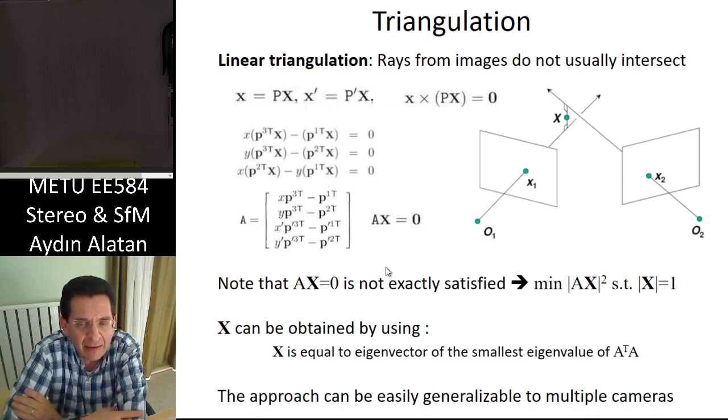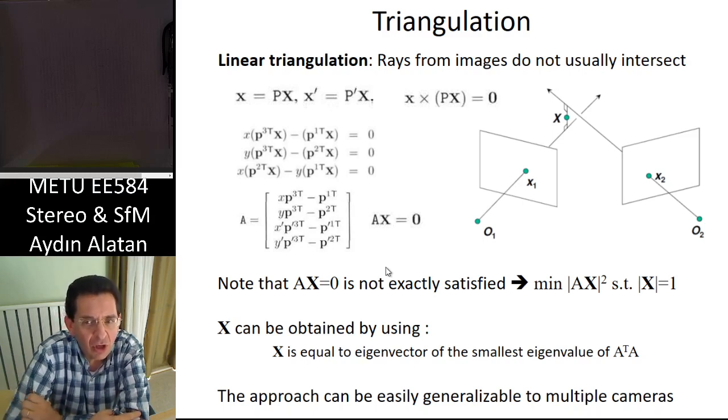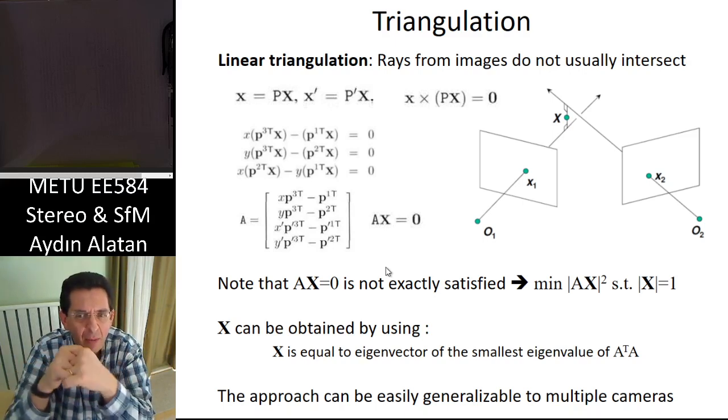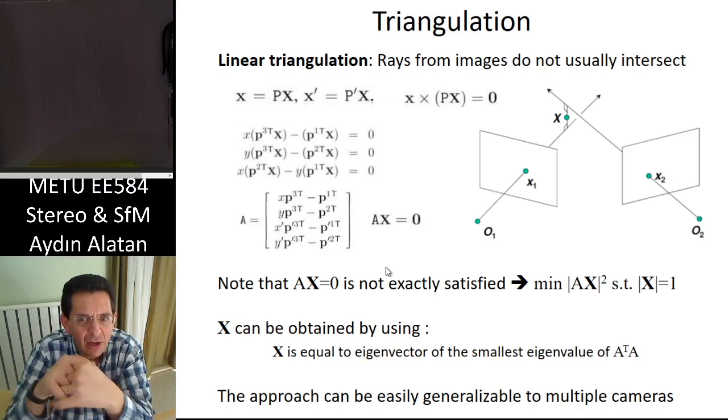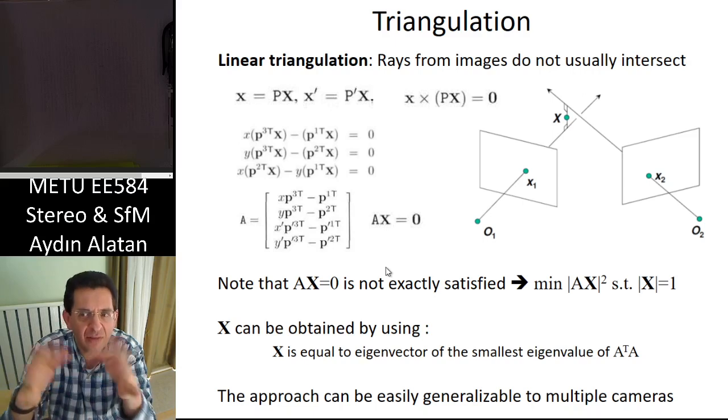Therefore I put the extra constraint magnitude of X equal to 1. As we did many times in this course before, X is equal to the eigenvector of the smallest eigenvalue of A transpose A. So you calculate A transpose A, which is a square matrix, and find the 4 eigenvalues. The smallest one and its corresponding eigenvector is your solution, the 3D point.